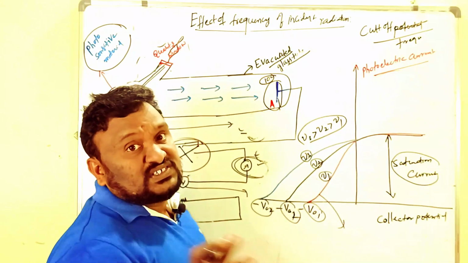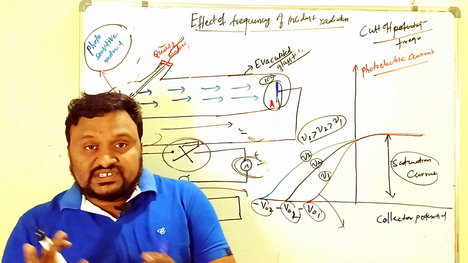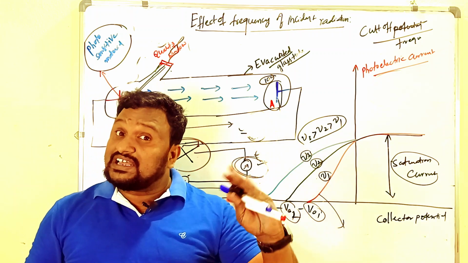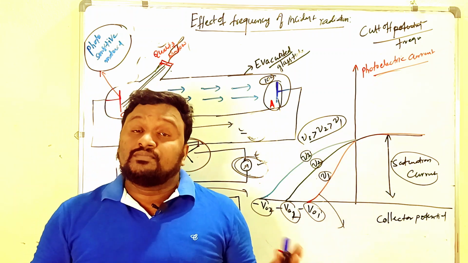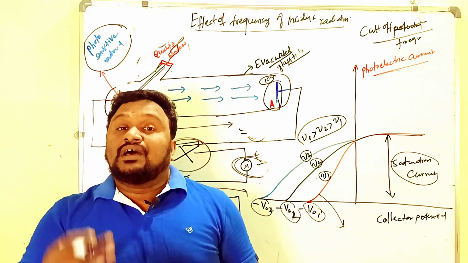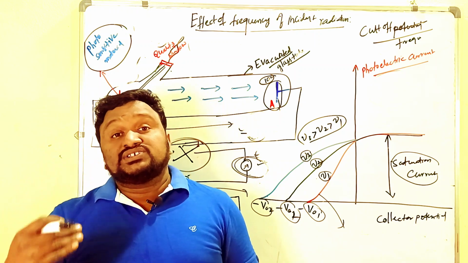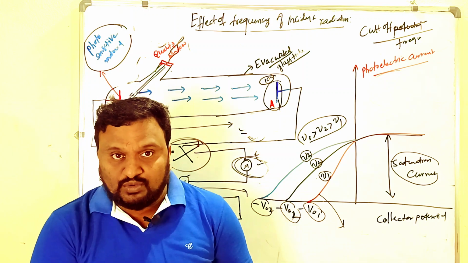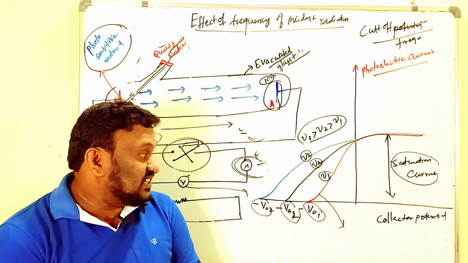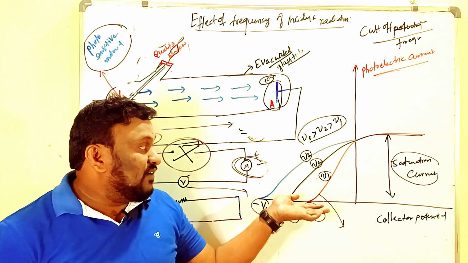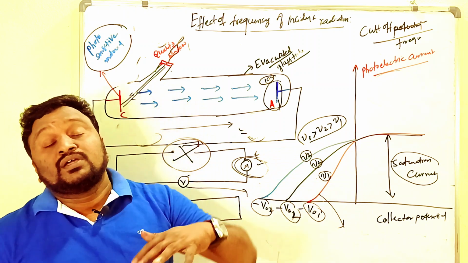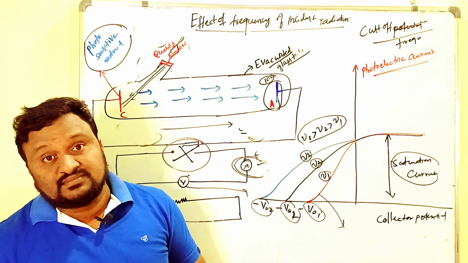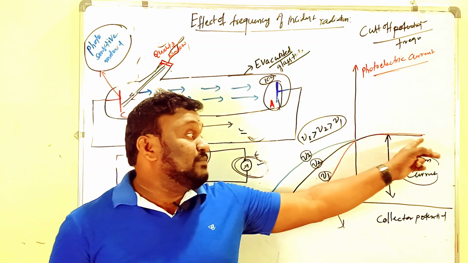Cutoff frequency means, just now we discussed the stopping potential, the potential for which the photoelectric current is zero. At the stopping potential, the frequency of radiation is what we call the cutoff frequency. So the different frequencies have different cutoff frequencies and different stopping potentials, but they have the same saturation current.